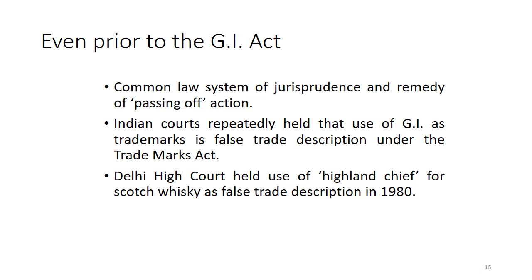Even prior to the GI Act, the common law system of jurisdiction had a remedy of passing off actions. So the Indian courts held that the use of a GI as a trademark is a false trade description, under the Trademarks Act. So the Delhi High Court held the use of Highland Chief for Scotch whisky to be a false trade description in 1980.